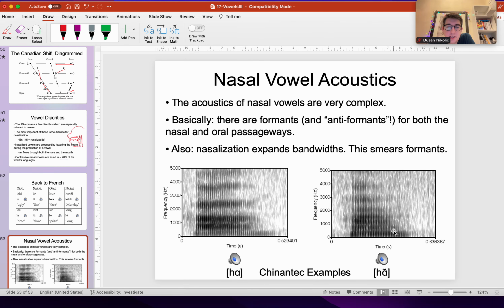What happens here is that when the bandwidths are expanded, the formants are smeared, and you can see here that we have smeared formants at the end of this vowel. Right? You cannot really see them very well.